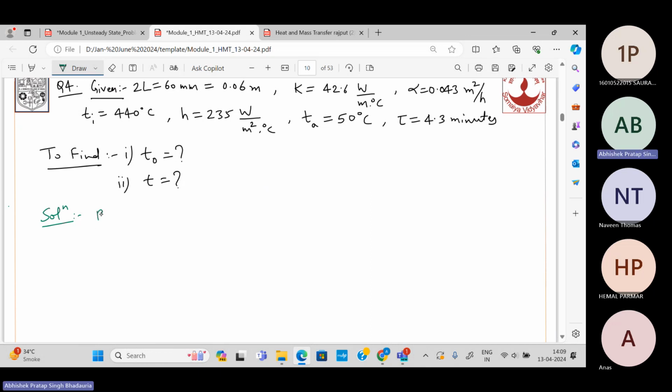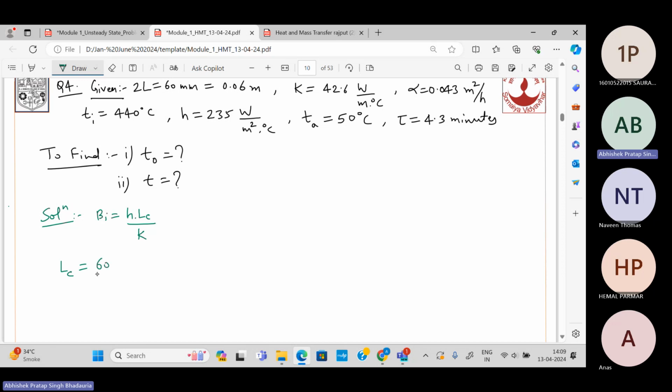The first step for solving the problem is to calculate the Biot number. The formula for calculating the Biot number is h Lc by k. Now we have to calculate Lc. The thickness is 60, so the semi thickness is the characteristic length.